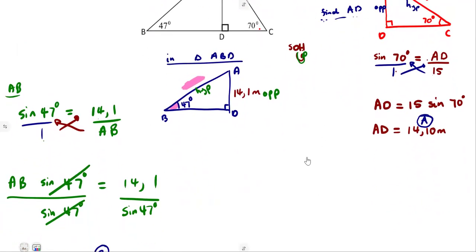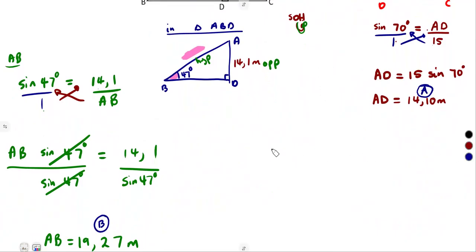BD. In order for us to determine the length of BD, we can use Pythagoras since we have got AB here. Or we can use the trigonometrical ratios, like cos according to adjacent, or you can use the Pythagoras.